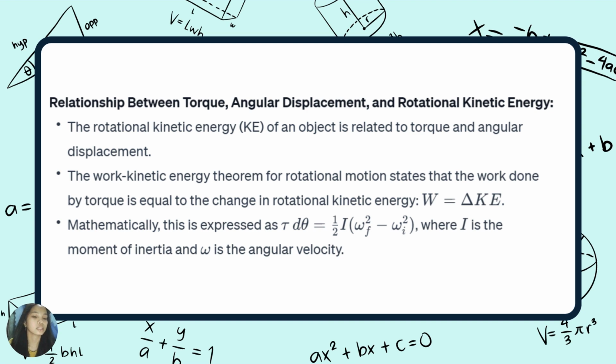Mathematically, this is expressed as the integral of tau d theta equals one half I omega f squared minus one half I omega i squared, where I is the moment of inertia and omega is the angular velocity.